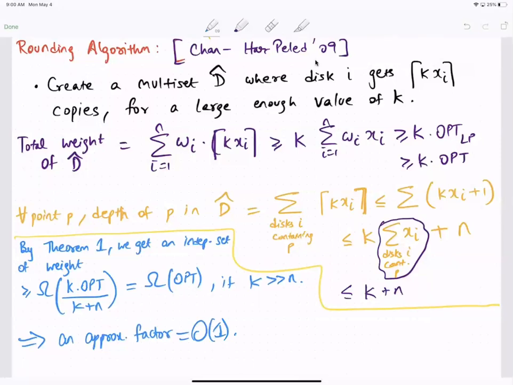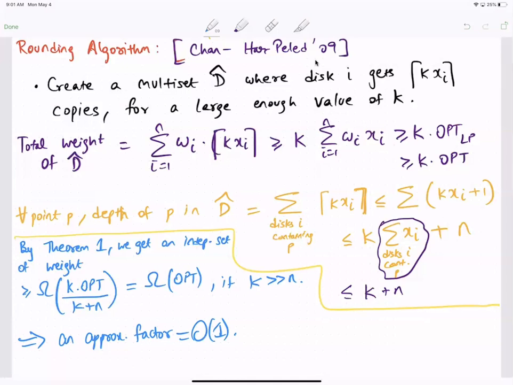We created capital K times xi copies. If a disk is important, it should really be in the independent set. The linear programming assigned a higher xi value to it, so more copies of those were created in this D prime. Because of that, we could apply theorem 1 nicely and get a large independent set. Okay, good. So we are done. We finally reached our constant factor approximation.